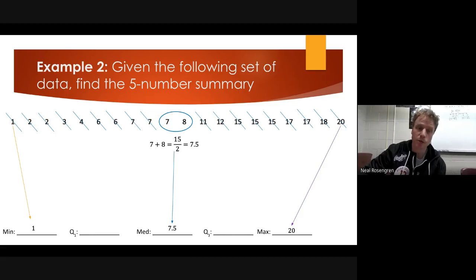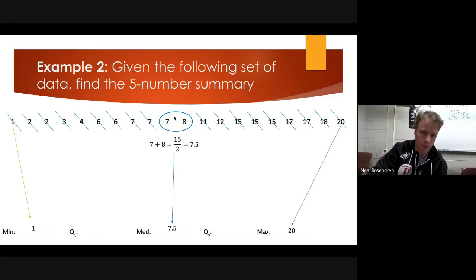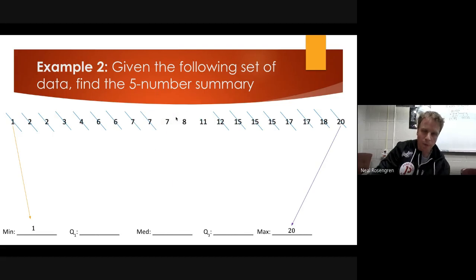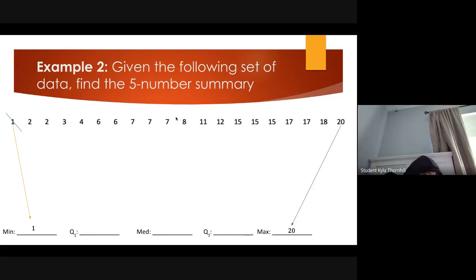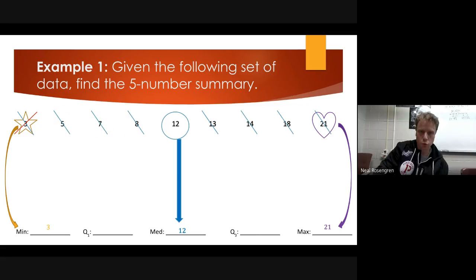So here's the thing. Maybe this didn't click. When you've got your median is 7.5, which, if you look at my arrow on my screen, is right in between these numbers. Remember, I'm going to go back a slide. When we found that 12 was the median and we're trying to find Q1, I cannot use the median as part of that set of data.